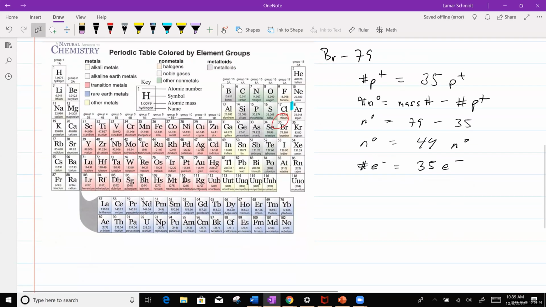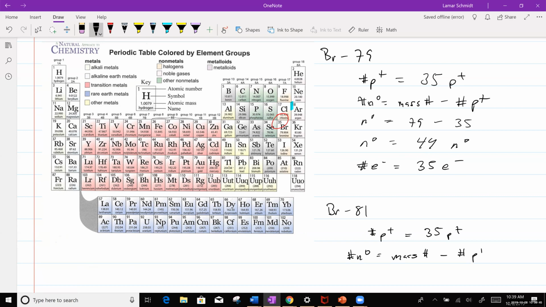All right, for the next isotope, bromine 81, when we rounded to get to 81, our number of protons is going to be the same as for bromine 79. Because it's bromine, it has 35 protons. That's what makes it bromine, is that it has 35 protons. Now, the number of neutrons is going to be equal to the mass number minus the number of protons.